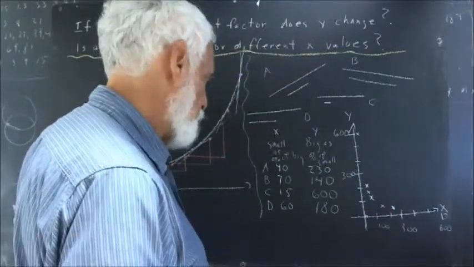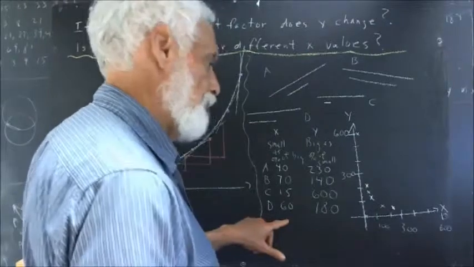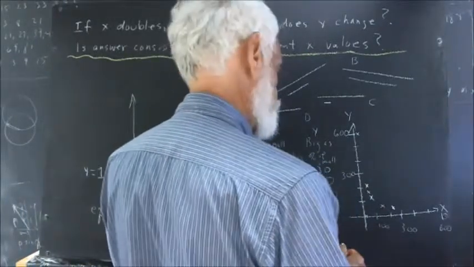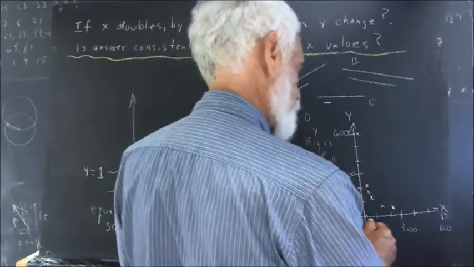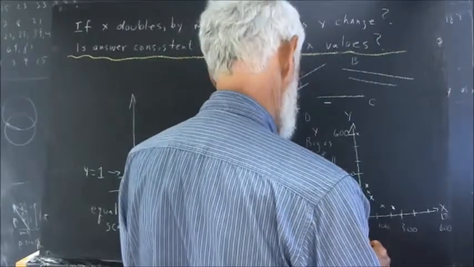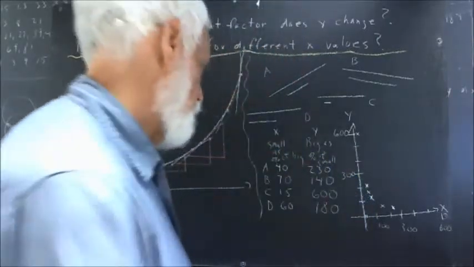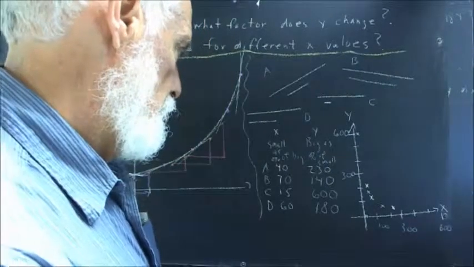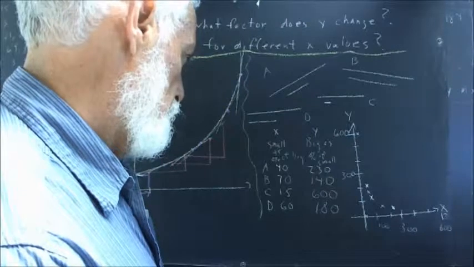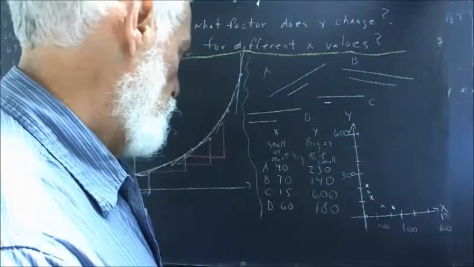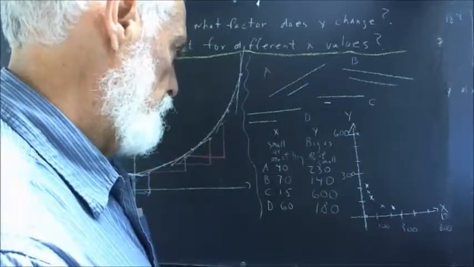And then my other 2 points, 180, 60. What did I just do? Did I do something that makes no sense?